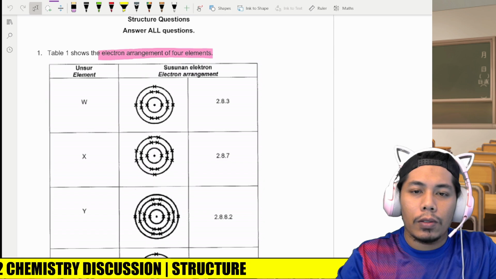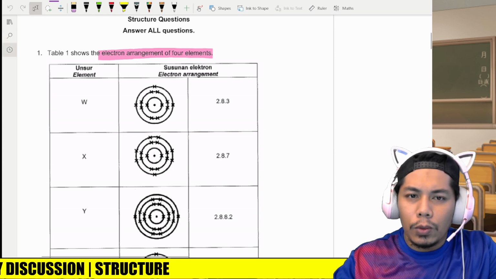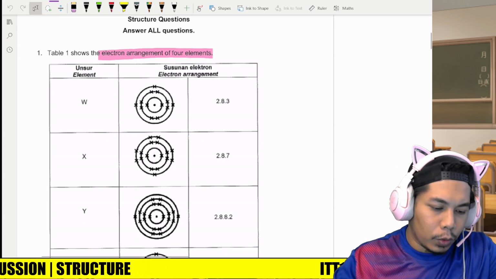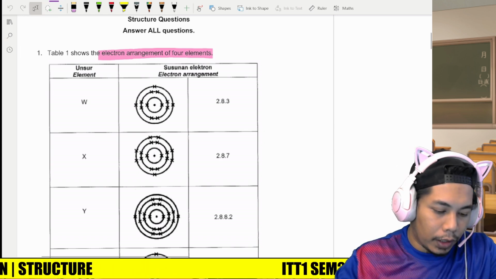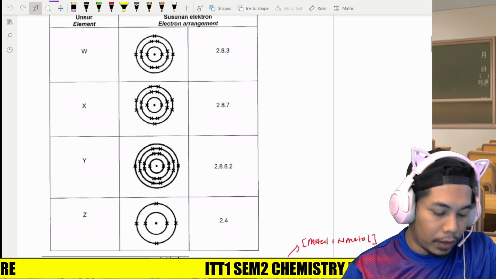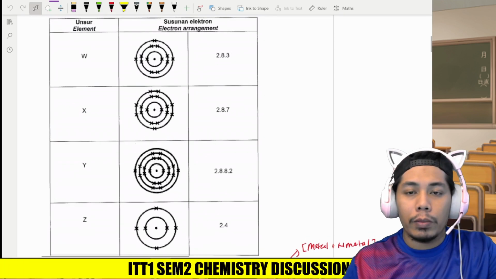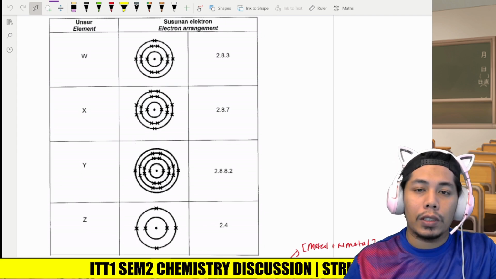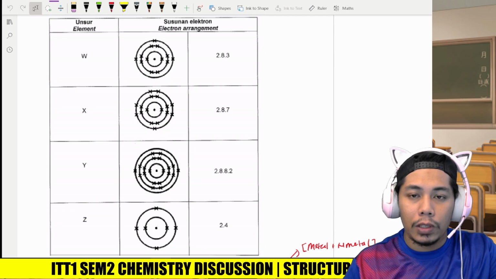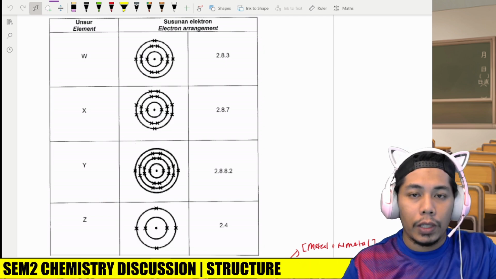For element W, the electron arrangement is 2.8.3, X is 2.8.7, Y is 2.8.8.2, and Z is 2.4. This electron arrangement is very important because it gives you information about the group and the period of that element.